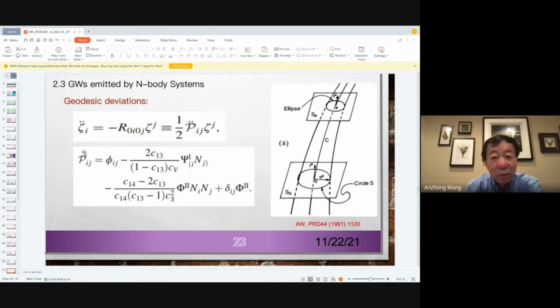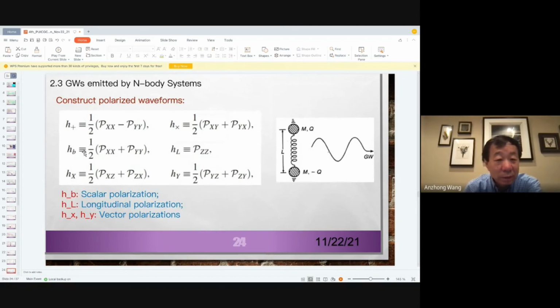You can see we project these perturbations into a total of 6 different modes. Normally we see H plus, H cross, and HB, HL, HX, HY. I will explain later what they mean. So HB is called the scalar polarization.